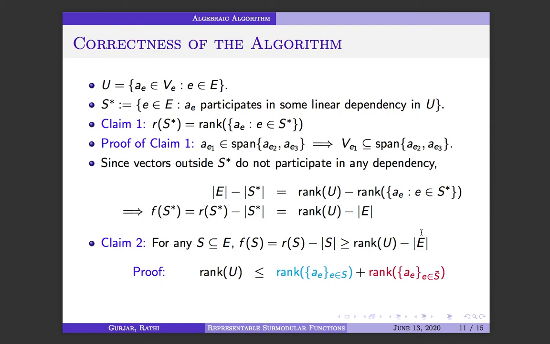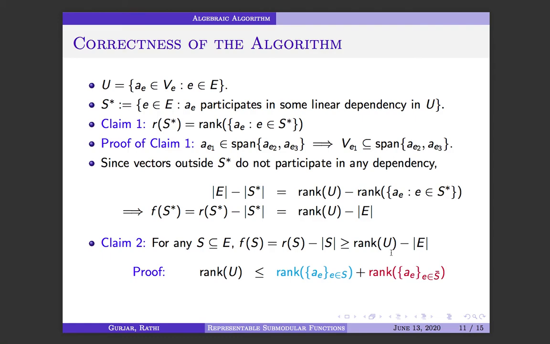So again the proof is pretty straightforward. First, we split the set U into two parts, one containing the vectors corresponding to set S and the other containing the vectors corresponding to set S complement. By the subadditivity of the rank function, we know that rank of U is at most the sum of these two ranks corresponding to set S and S bar.